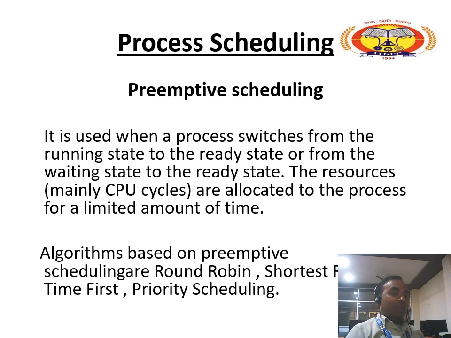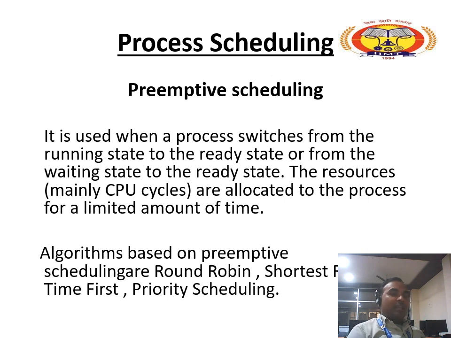Clear? I have written here that it is used when a process switches from the running state to the ready state, or from the waiting state to the ready state. Listen, my students, I will tell you in a very general way. Suppose a process is being executed by the CPU and at that time another process wants to acquire that CPU. Listen carefully and you will be able to understand the preemptive scheduling concept.